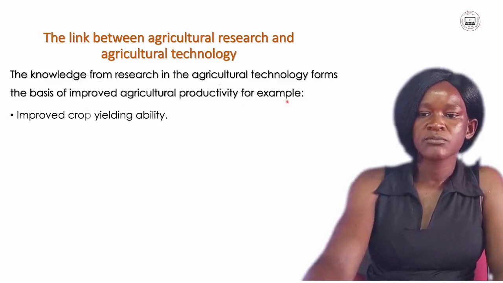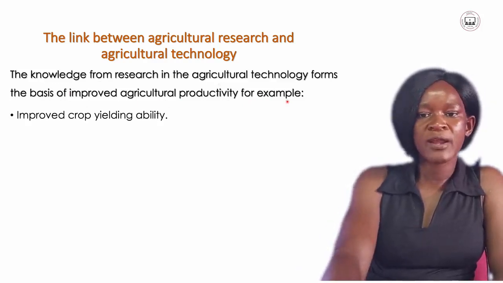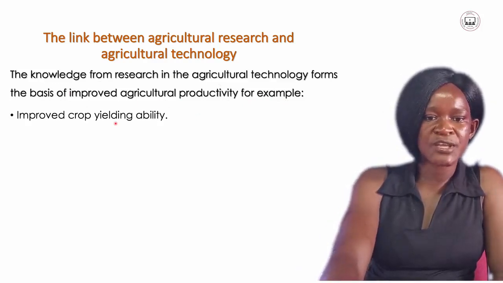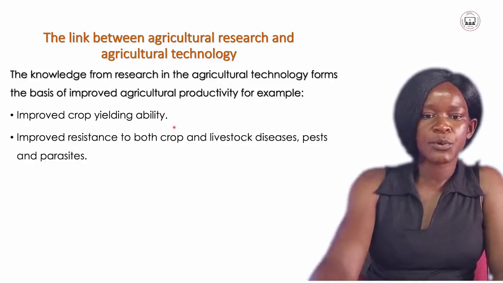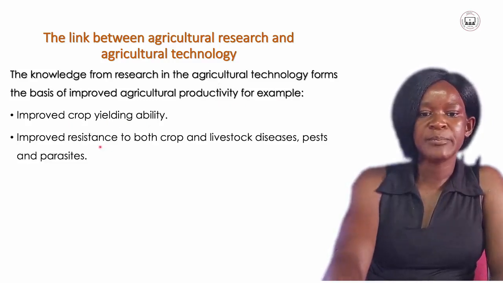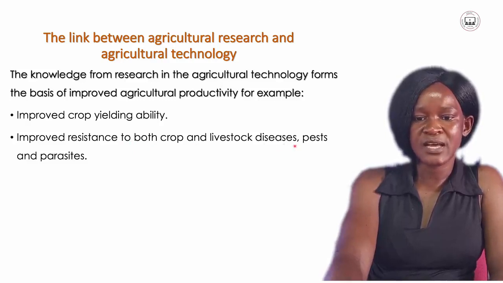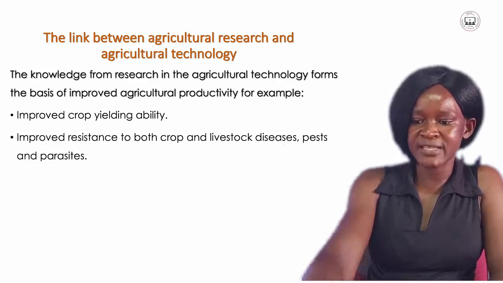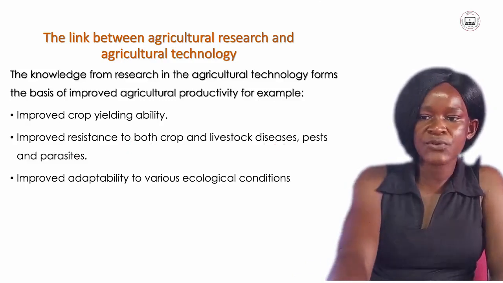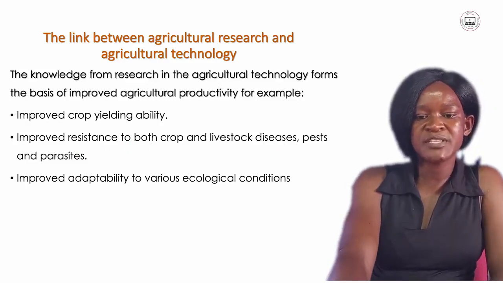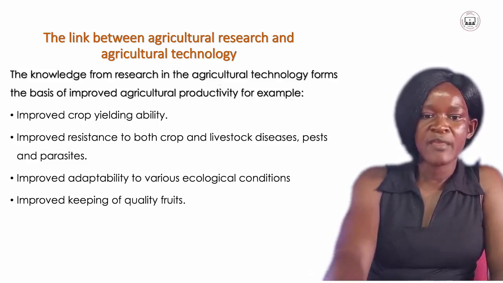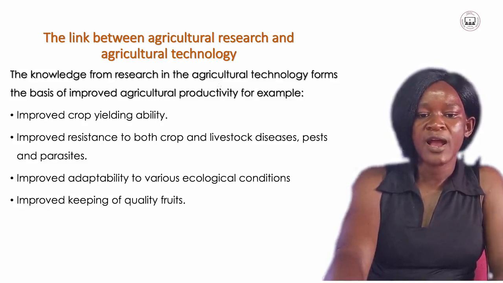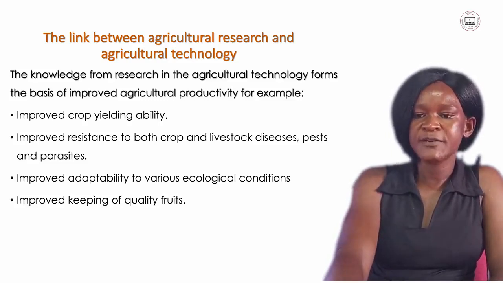For example, both agricultural research and agricultural technology aim at improving crop yield ability, and improving resistance to both crop and livestock diseases, pests, as well as parasites. They also both aim at improving adaptability to various ecological conditions, and improving the keeping quality of fruits.